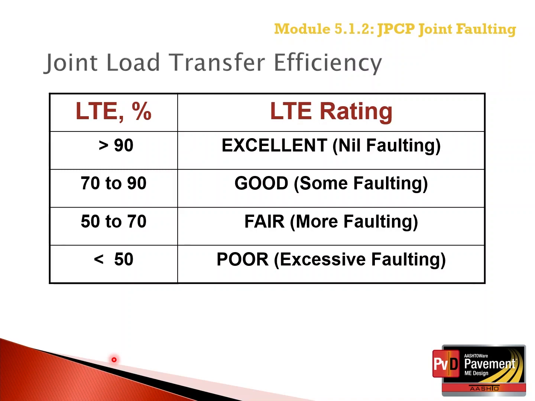An LTE value ranging from 50 to 70% is considered fair, and the resulting faulting will be high. An LTE value less than 50% is considered poor, and the resulting faulting will probably be excessive. Obviously, the faulting is heavily dependent on the number and magnitude of axle loads, as well as the other 4 factors previously discussed.